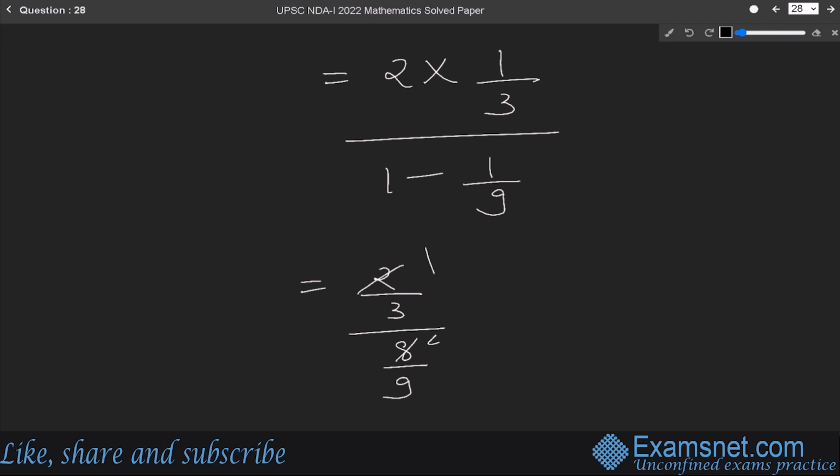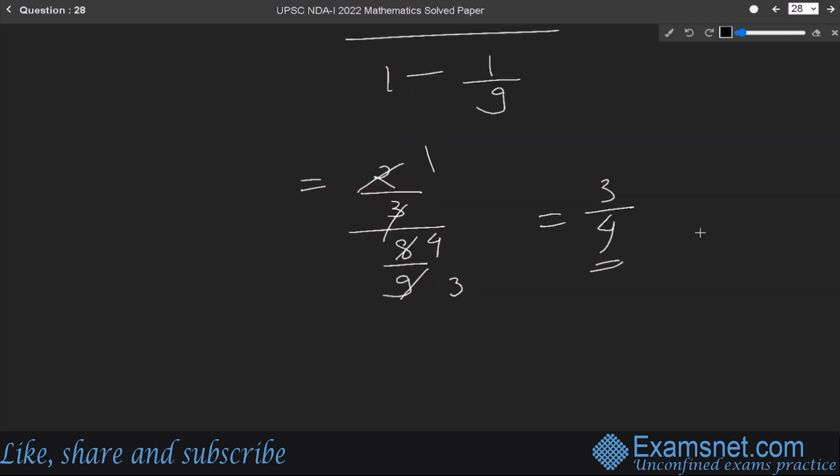So when we cancel it out, we get the answer as 3 by 4. You already know that whenever we get this form, it is always equal to a by b into d by c. So in this way we get the answer 3 by 4.